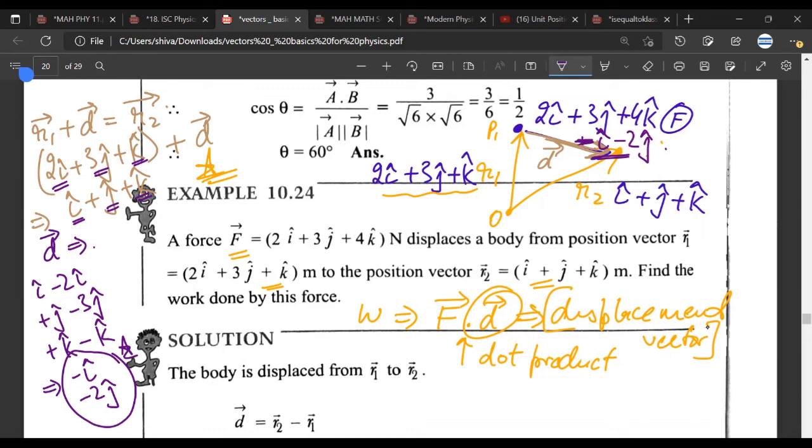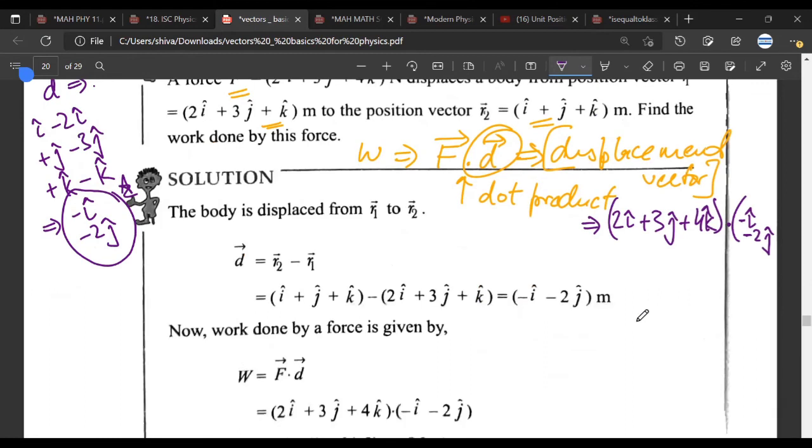There's still another step which is pending. So 2i plus 3j plus 4k is my force vector, dot product with minus i minus 2j. Am I clear? Yes, sir. And how do I find the dot product?